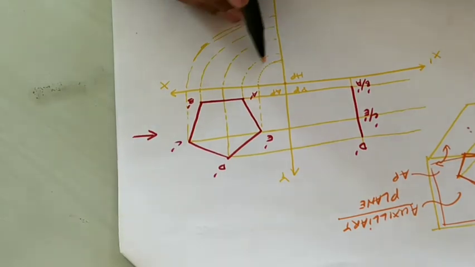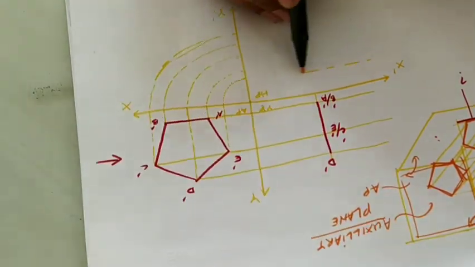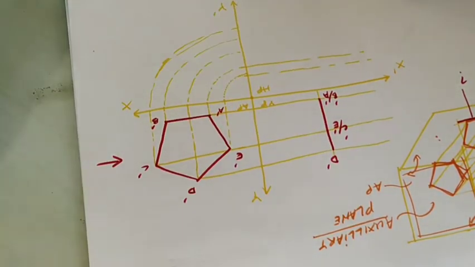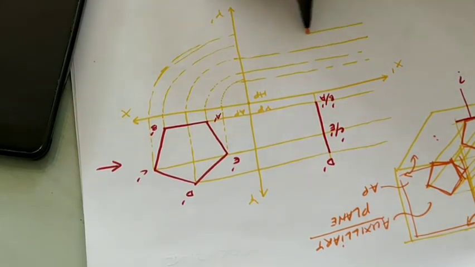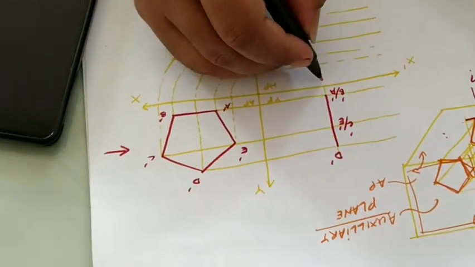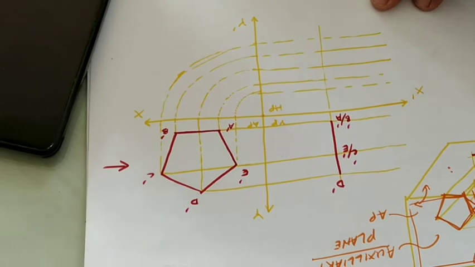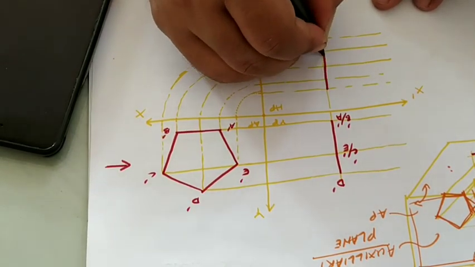Each point will get transferred to the HP. Here again it will be straight. Now from here you take the projection down. Wherever it intersects, from here to here, this will be your pentagon.